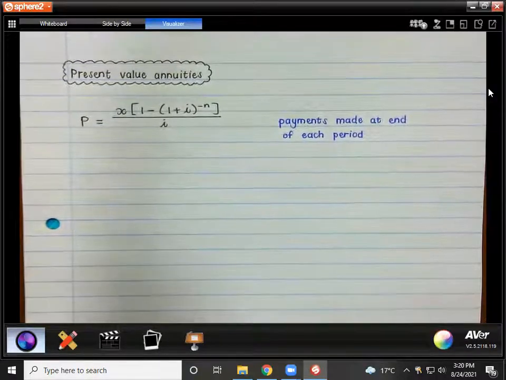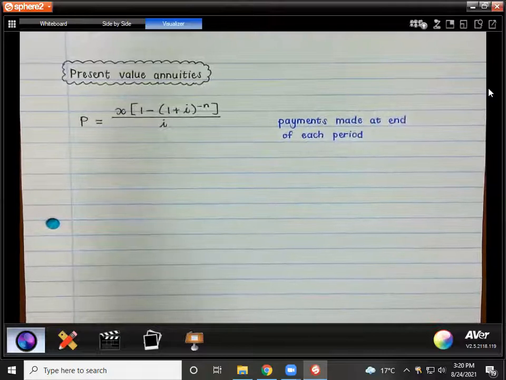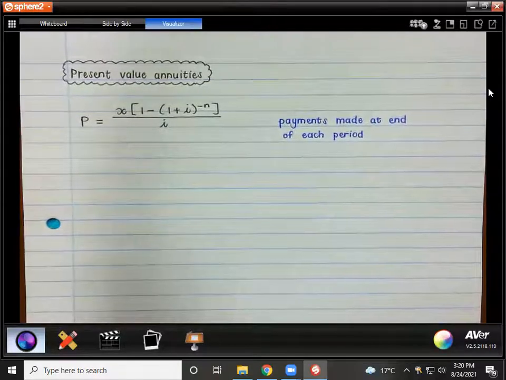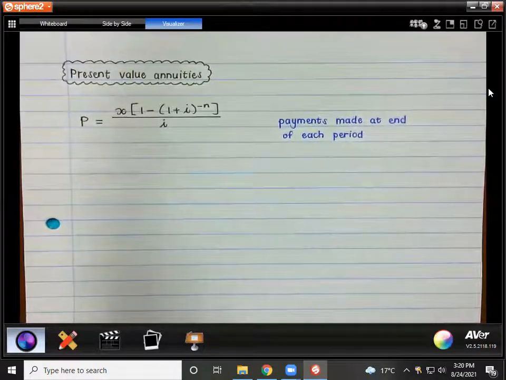The other one was the bus they had to replace after 5 years, needing 900,000 Rand in the future. So we used the future value formula.